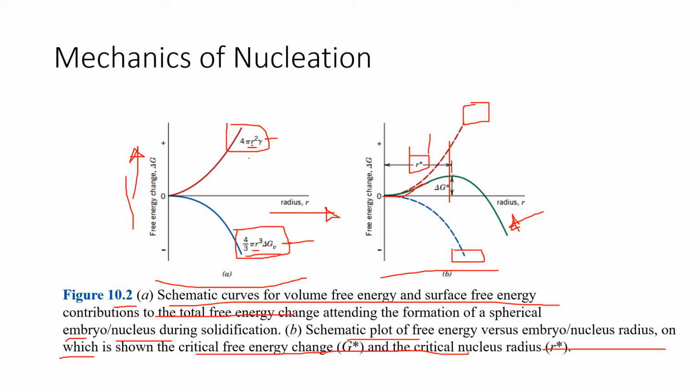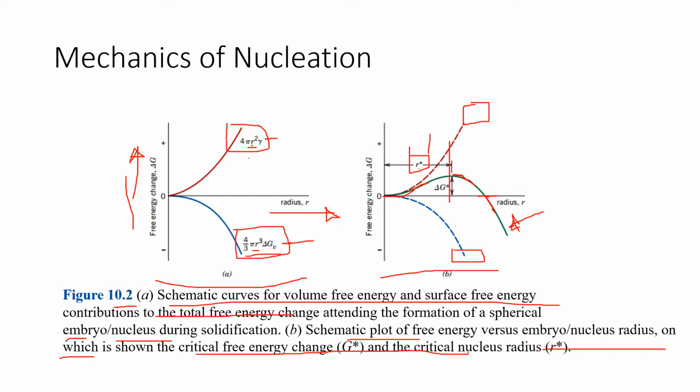Over here, the energy on the vertical axis is delta G star, at r star. After r star, the internal energy decreases until it reaches 0, and then the energy is negative.